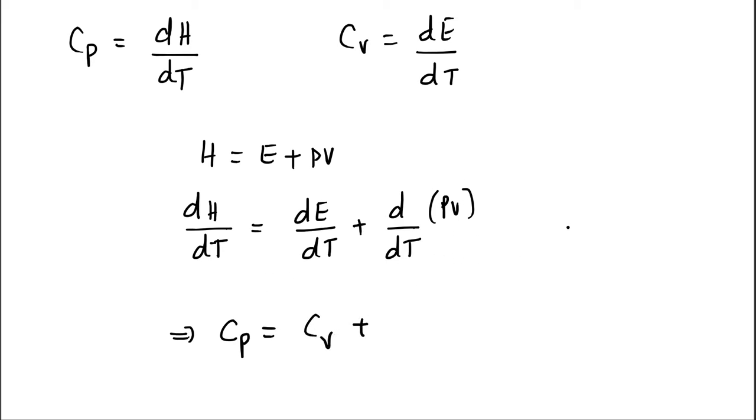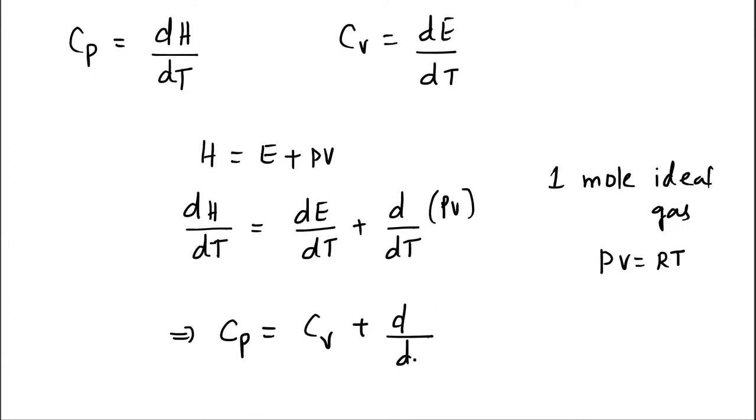And now let's use this one. Take 1 mole of an ideal gas, and what is its equation? PV equal to RT. Now let's replace PV with RT, that gives d over dT of RT. Now it gives Cp equal to Cv plus the differentiation of RT with respect to T, which is simply R. And what do we get here?